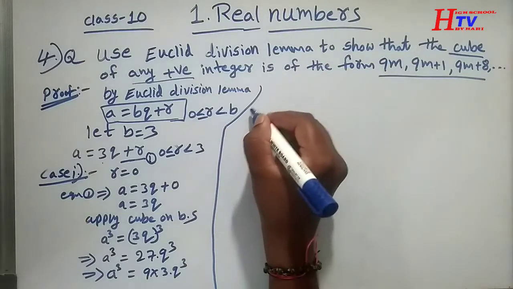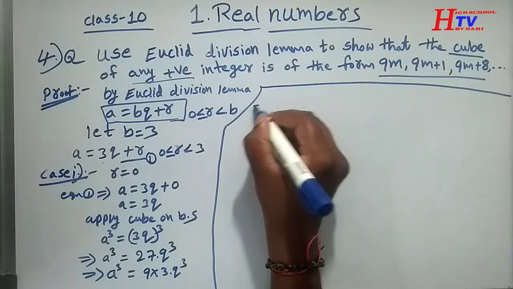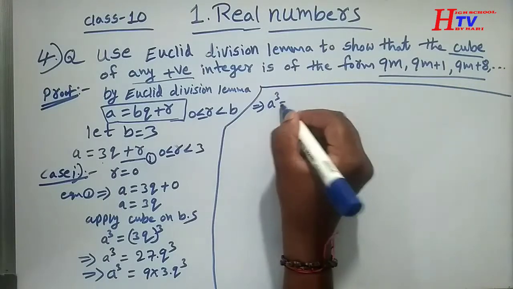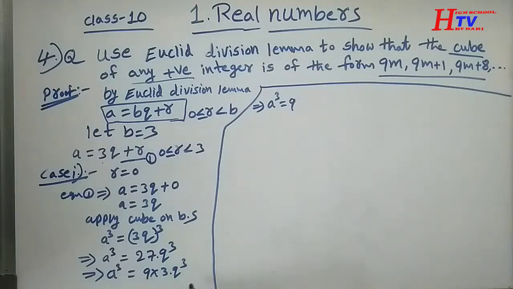Here a cube equals to 9 into 3 q cube. Here q is an integer, q cube is an integer, integer into 3 is also an integer.